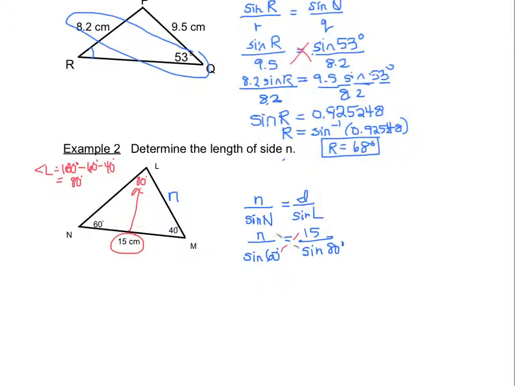All right, once again, cross multiply. So we'll have N sine 80 equals 15 sine 60. Divide both sides by sine 80. Type that all into your calculator. So N is approximately 13.2 centimeters.